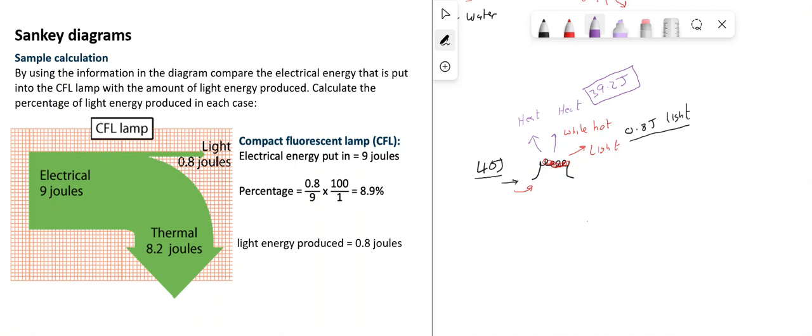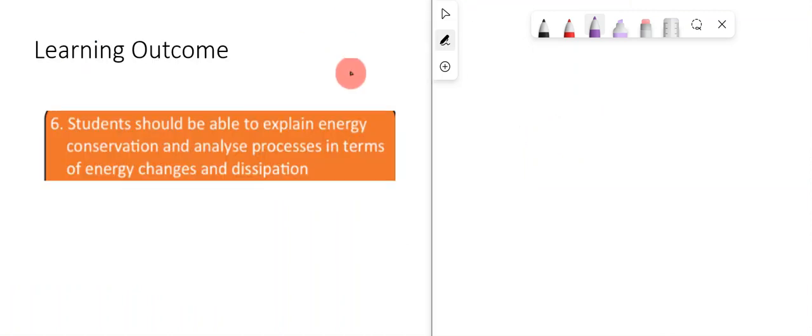So we've looked at a lot in this lesson. If we go back to our learning outcome, students should be able to explain energy conservation, and analyze processes in terms of energy change and dissipation. So we've looked at energy, which is measured in joules.